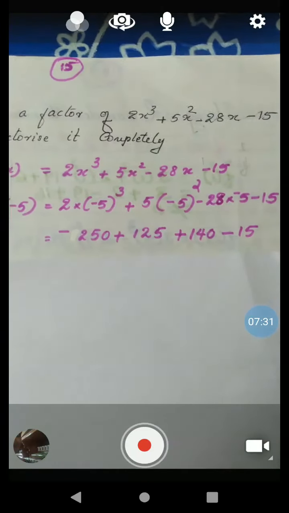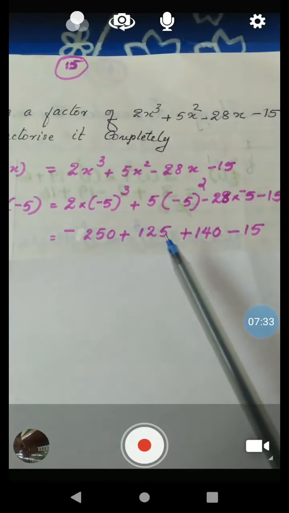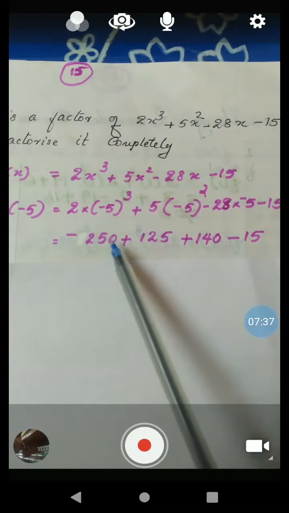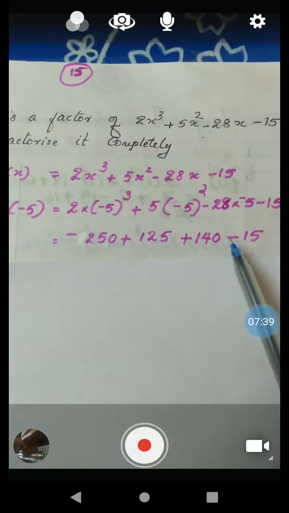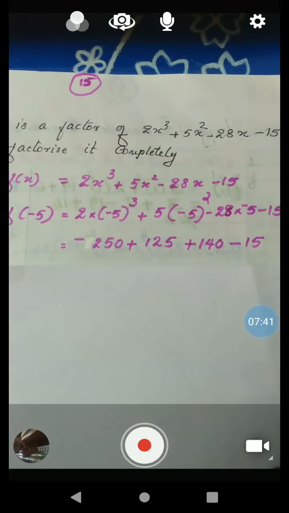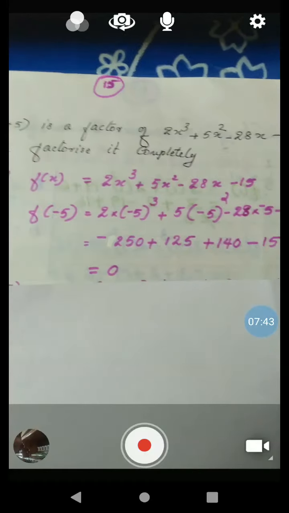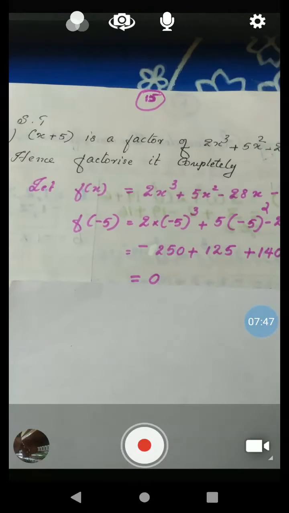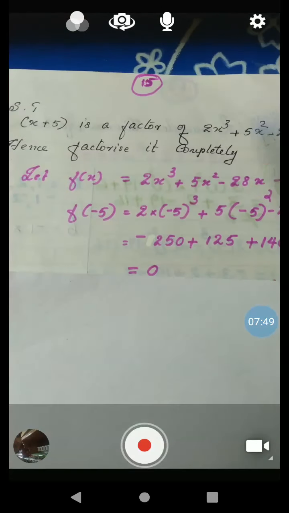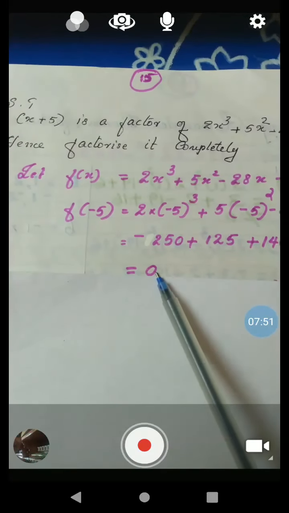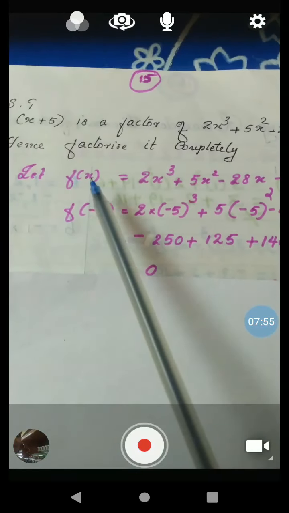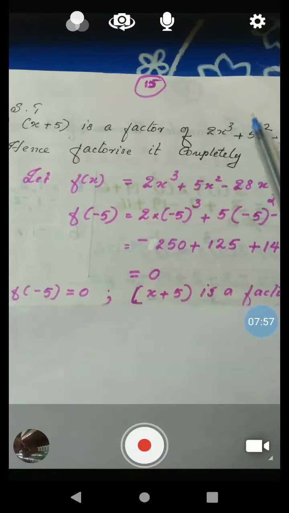Simplify this. 125 plus 140 and minus 250 minus 15. Simplify this. You will get 0. Therefore, we can write, since f of minus 5 is equal to 0, x plus 5 is a factor of f(x).